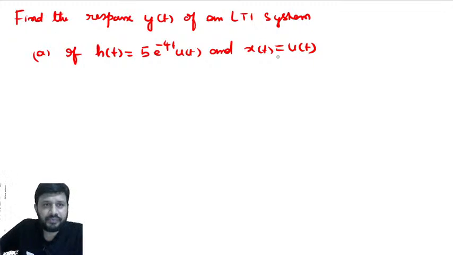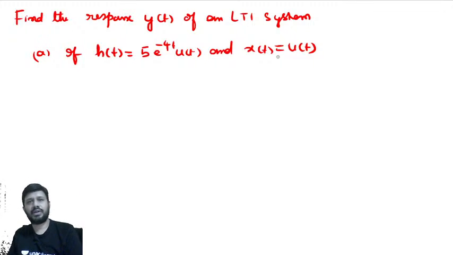Try to solve this problem. It is asking us to find out the response y of t of an LTI system given input and impulse response.